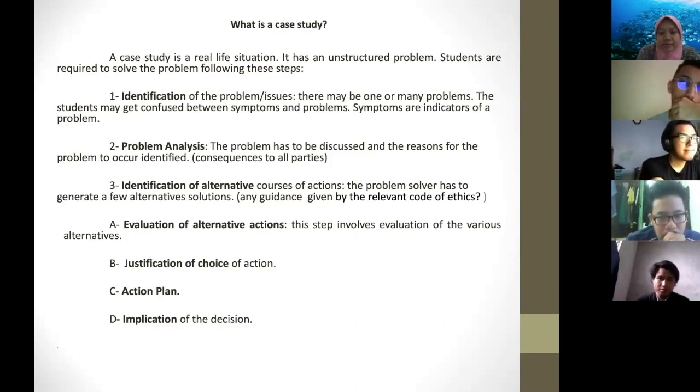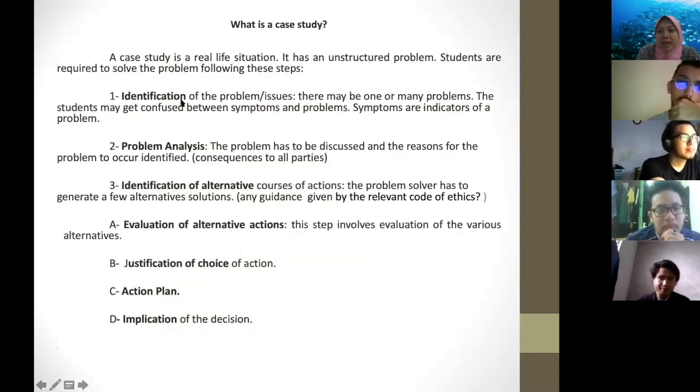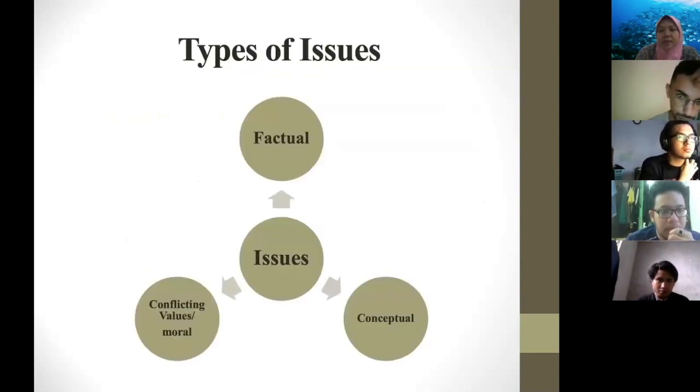Now, number one, identification of problems or issues. There are three types of problems or issues. This is to guide you on how to think of the problem and issues. Number one is factual, number two is conceptual, and number three is conflicting values or moral.